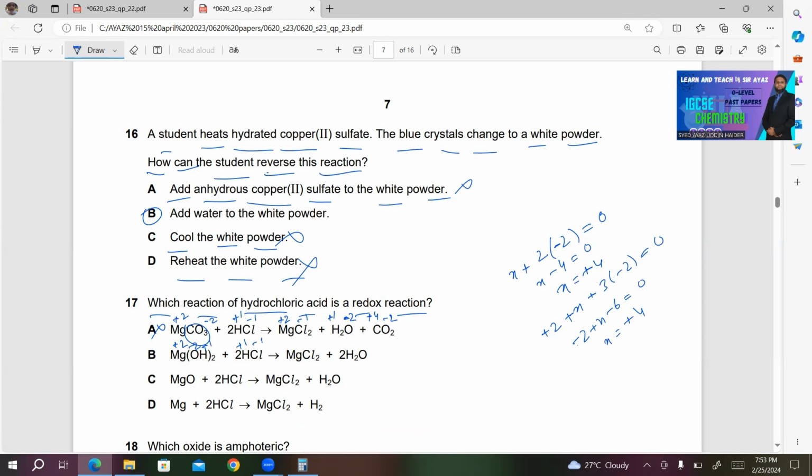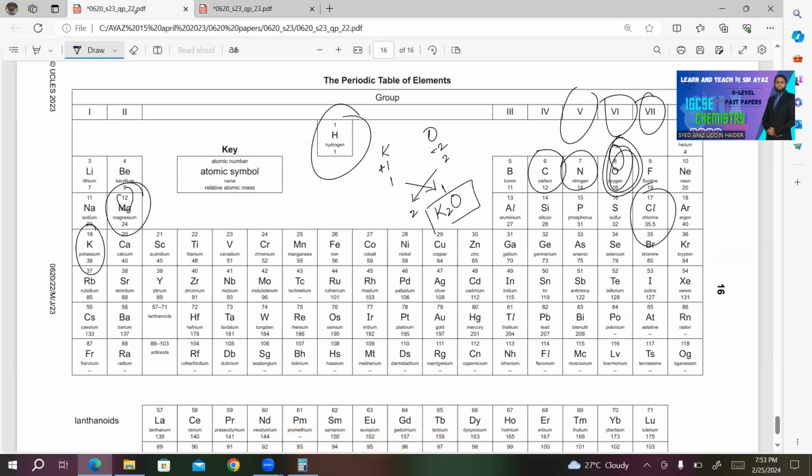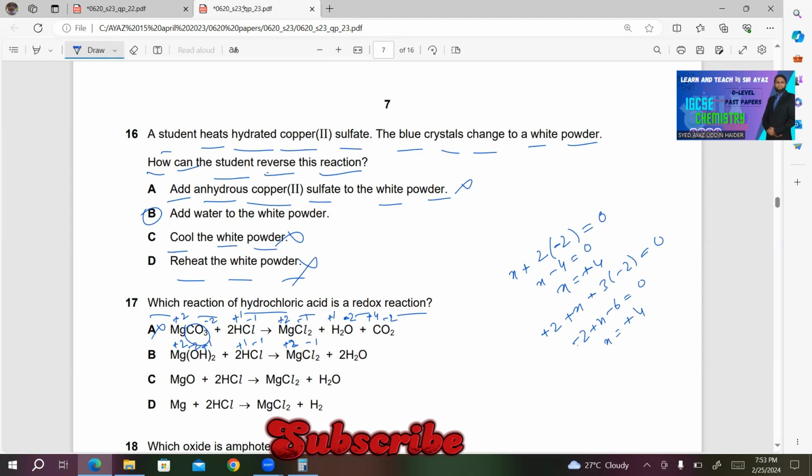On the product side, magnesium must be carrying +2 as it is in group 2, and chlorine is in group 7. Here's chlorine, group 7. So it must be -1. H2O, I've already discussed in the top equation, +1, -2. So you can see clearly there's no change in the oxidation number. So B is also incorrect.